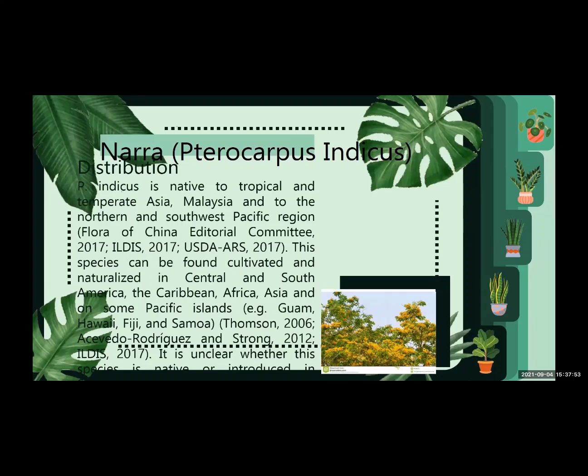So the next is Narra or Pterocarpus indicus. Its distribution: indicus is native to tropical and temperate Asia, Malaysia, and to the northern Southeast Pacific region. This species can be cultivated and naturalized in Central and South America, the Caribbean, Africa, Asia, and some Pacific islands.